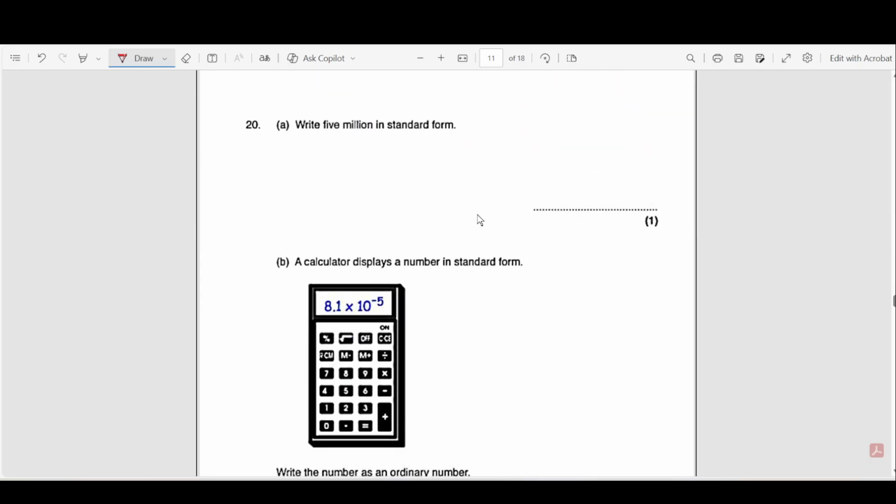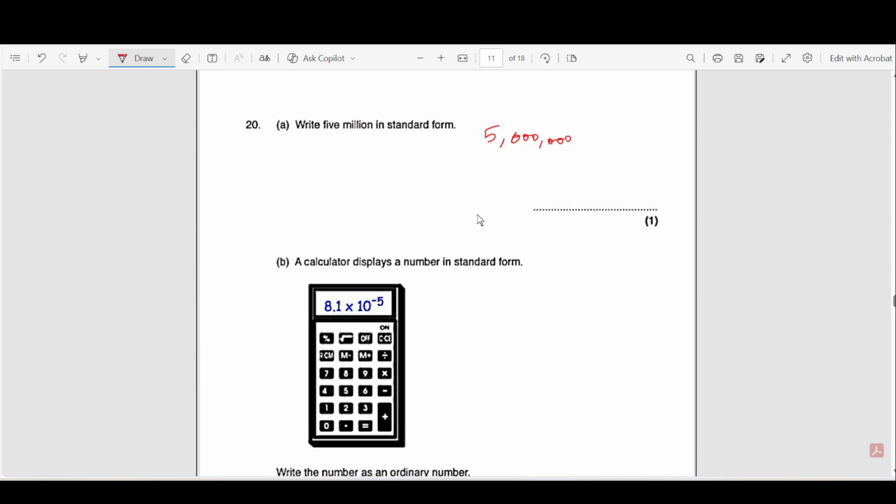Okay, it says write 5 million in standard form. 5 million is this, it has 6 zeros.